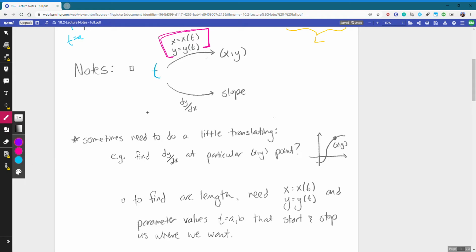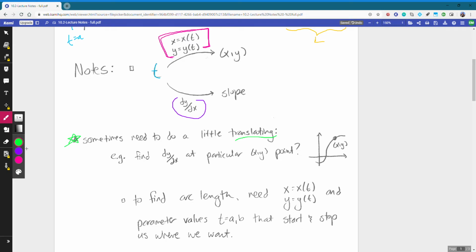Right, and our slope of the tangent line formula also takes in t values and then spits out the slope of the tangent line at that time t.